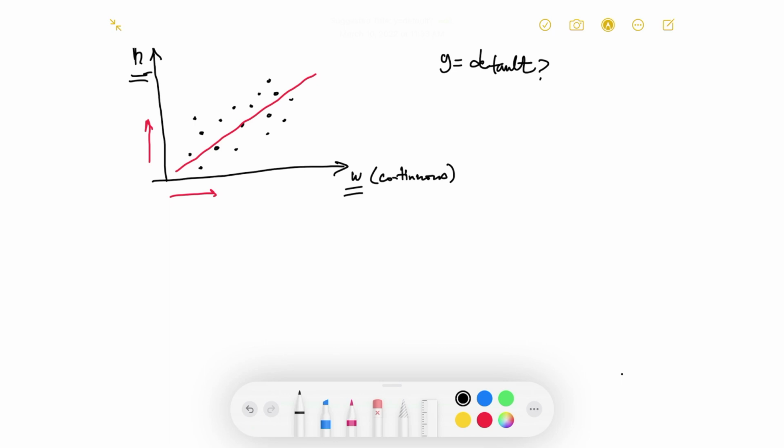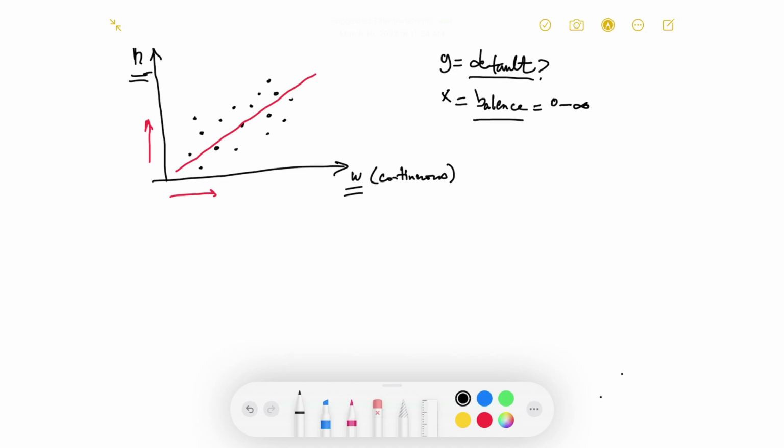Let's assume our x, our input, in this case it was height, let's call it B for balance, which is your credit card balance. And that is also a continuous variable. It could go from 0 to, who knows, infinity maybe. You have a lot of debt on your credit card. And the goal is I want to predict, are you going to default on a loan that I might give you as a function of your current balance in this credit card that you have with us, for example.